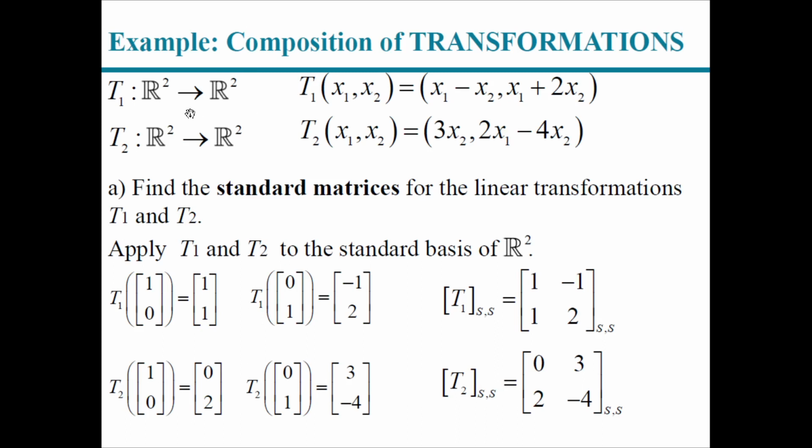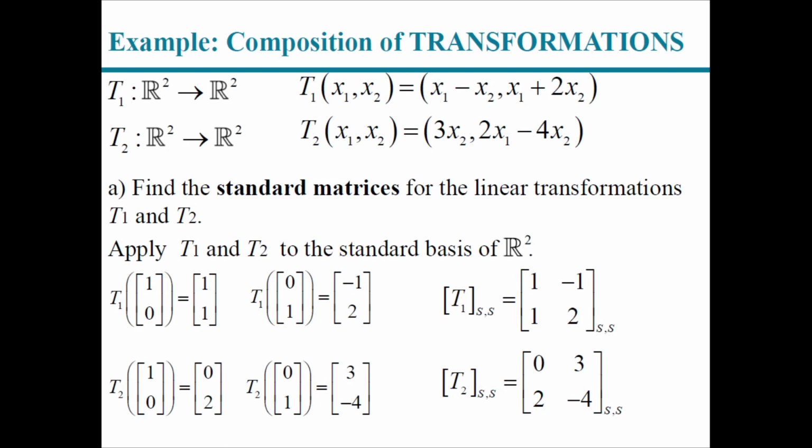So here is an example. We have, in this case, two linear operators from R2 to R2, both of them. And the first one, T1, transforms vectors from R2 in this way to get another vector from R2, and T2 has a different formula for each component. So our goal first is to find the standard matrix for each of these linear transformations.